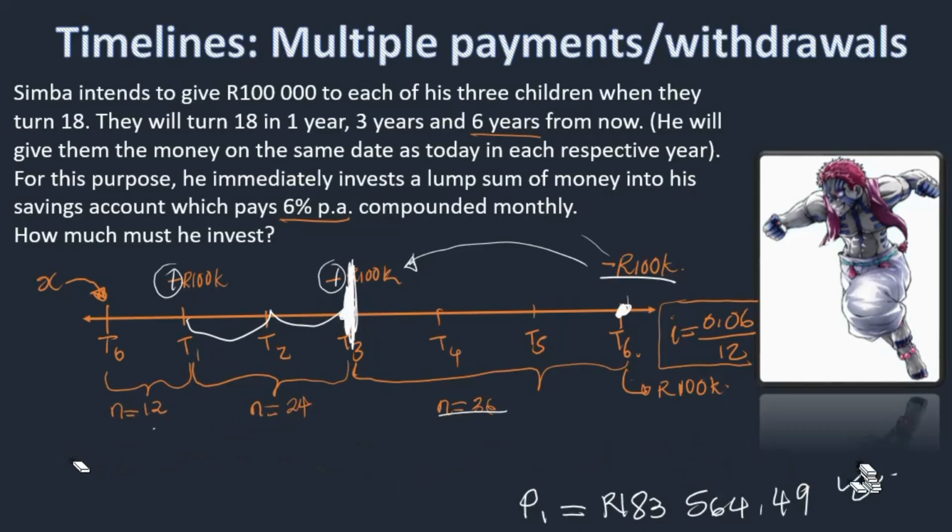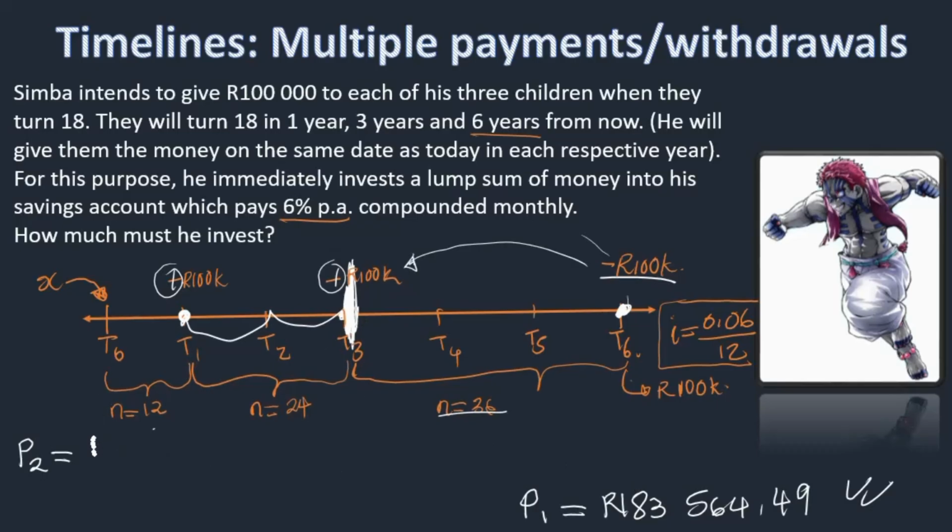So what's happening here? I'm looking for the second principal amount now. I need to be here, right? So I'm going to say P2 is equal to, I'm taking this because by this point I have this amount, my accumulated amount at this point.